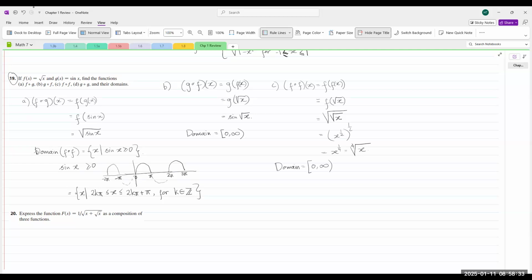Now, how about g composed g? G composed g of x is g of g(x), which is g of sine x. That's sine of sine x.